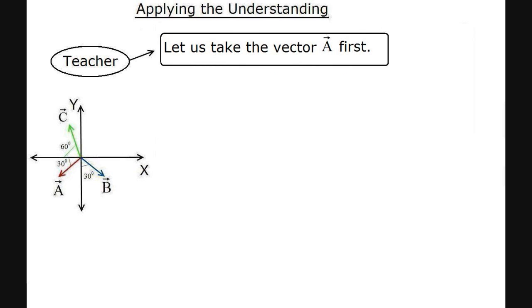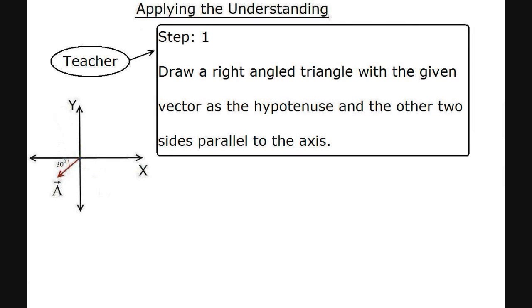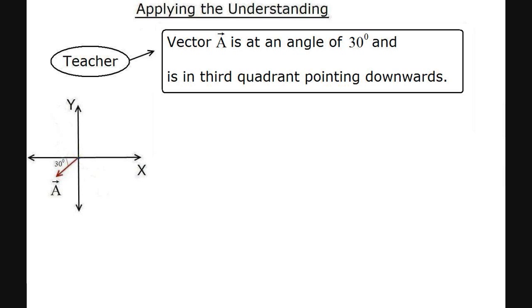Let us take the vector A bar first. Step 1. Draw a right-angled triangle with a given vector as the hypotenuse and the other two sides parallel to the axis. Vector A bar is at an angle of 30 degrees and is in the third quadrant pointing downwards.